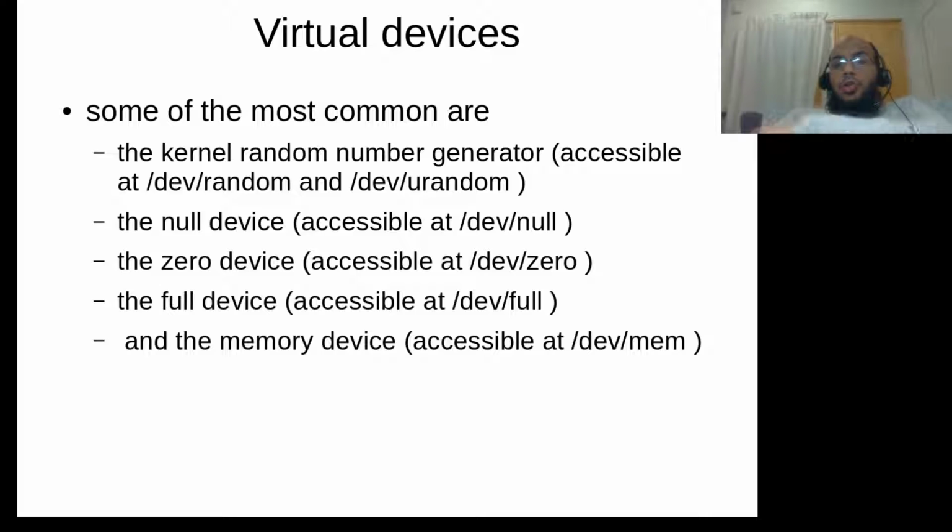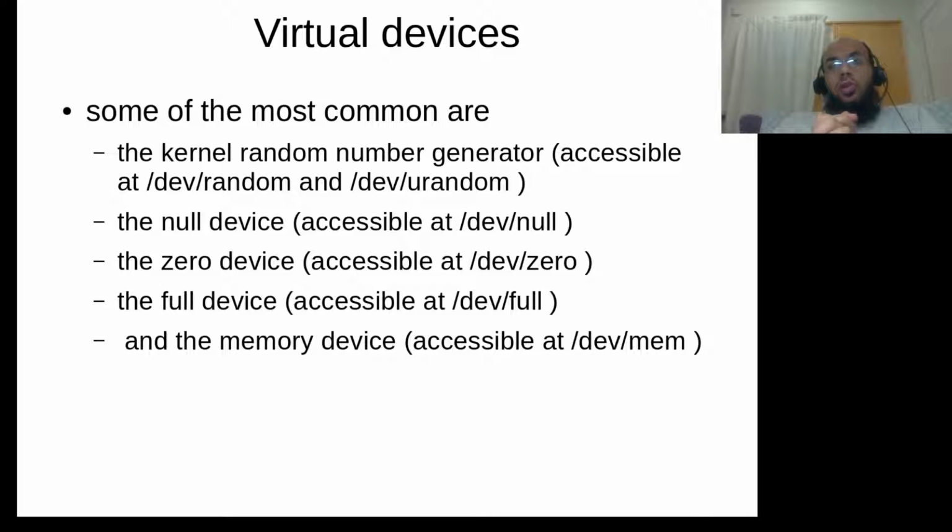There are virtual devices, and some of them are very common, like /dev/random, /dev/null, /dev/urandom, /dev/zero, /dev/full, /dev/mem. These are all virtual devices. They do not map to a real hardware device.